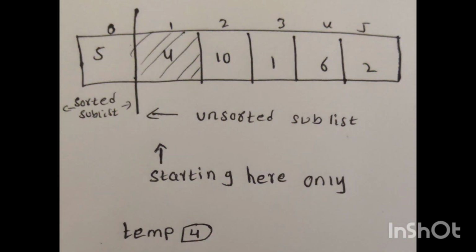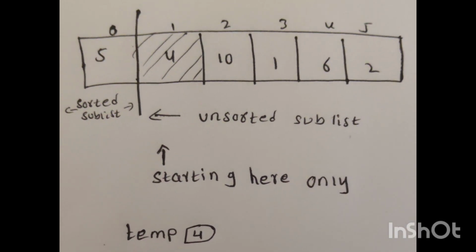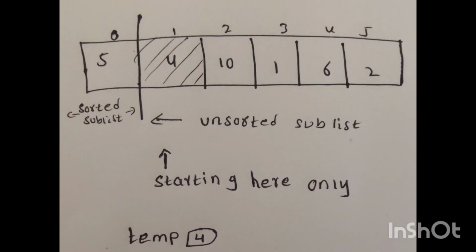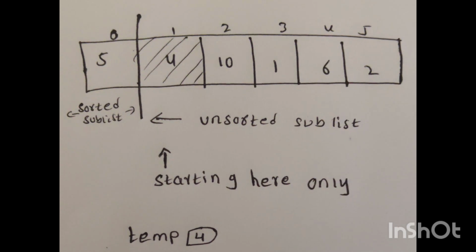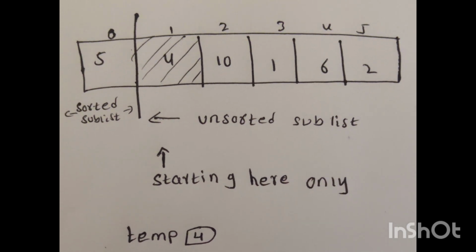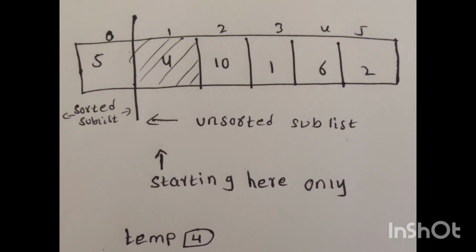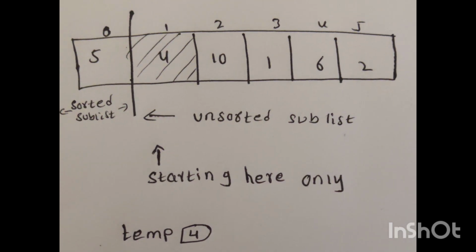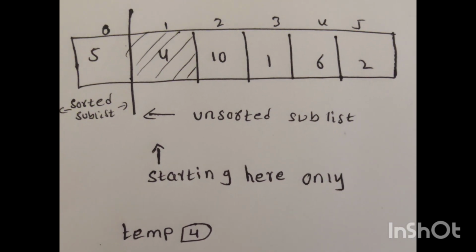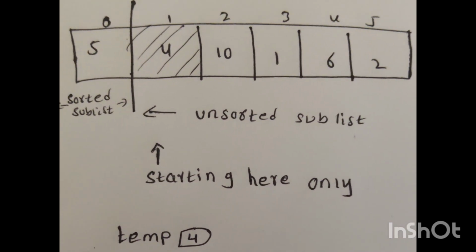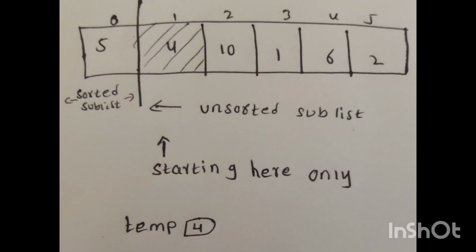Okay. Now see, first of all take this value 4. And when we are going to take this value, then this value is to be stored in a variable, suppose temp. We are going to take one variable temp, and we are going to store this value 4 in this temp variable. Now we have stored this value in temp variable.